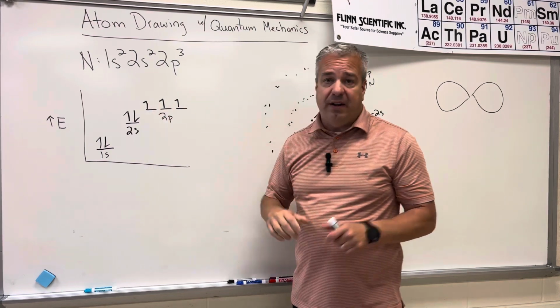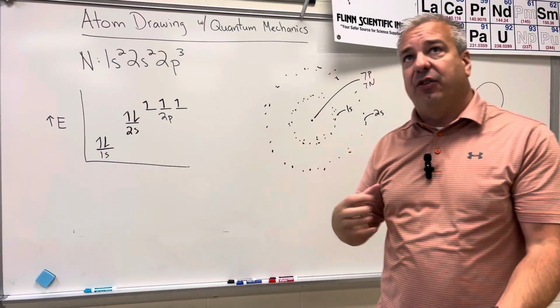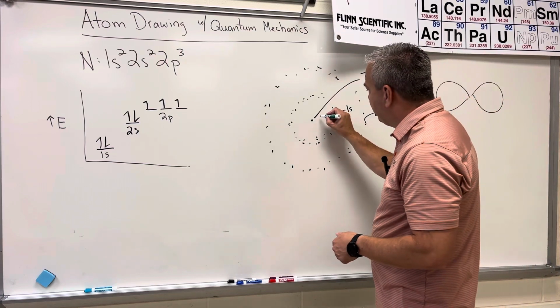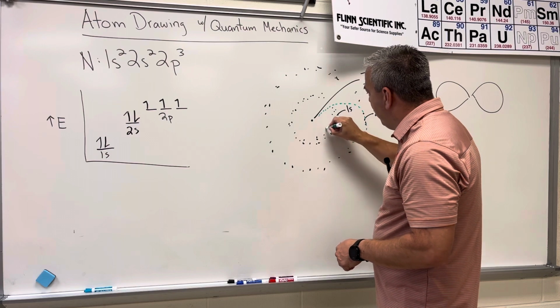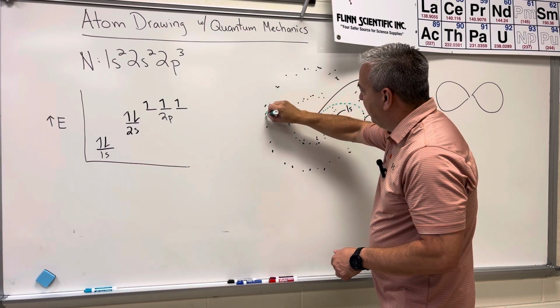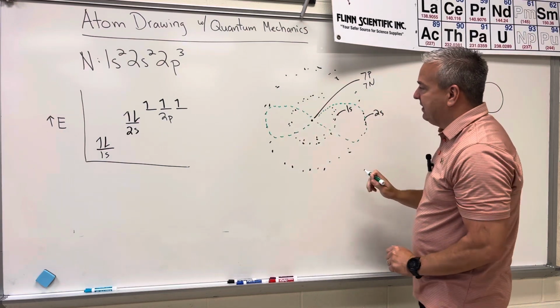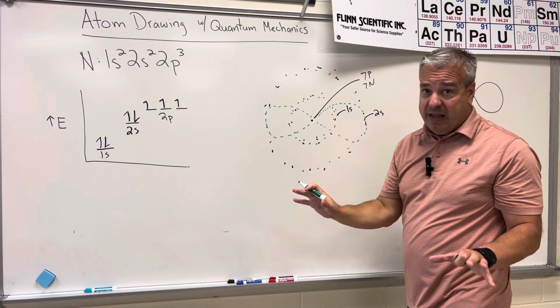One is going to be oriented along the x-axis, the other along the y-axis, and the third along the z-axis. So let's work on that first x-axis one. I'm trying to show this lobe popping up on the x-axis. Now, I made it look like there was a path, but I'm not trying to do that at all.